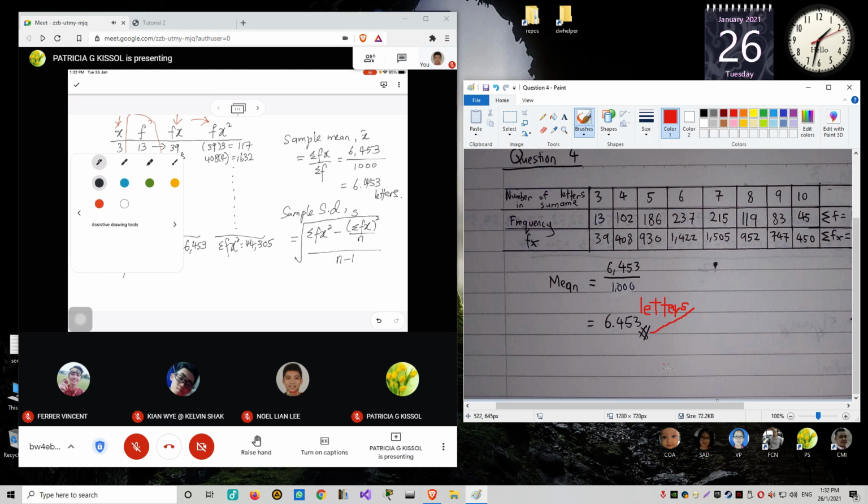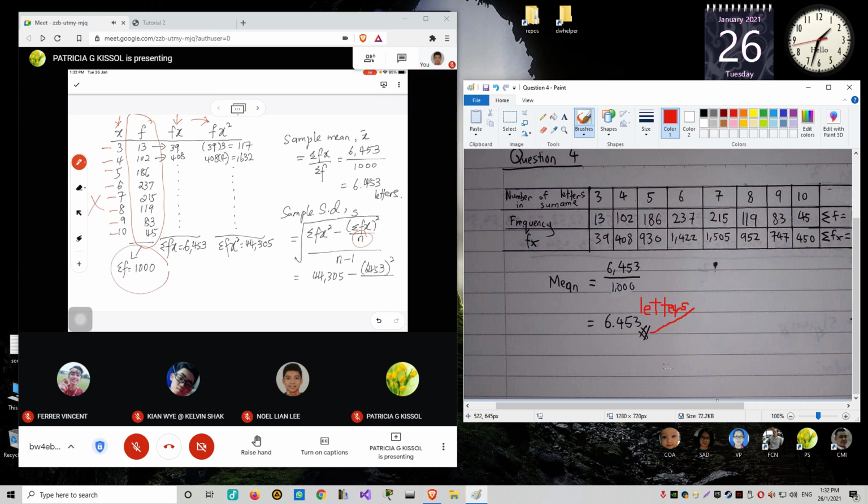So from here, you just have to put in the values that you have calculated, which is 44,305 minus summation fx, 6,453, which you have to square first. Now again, a lot of students get confused with the value of n. Which one do you use? Is it 1, 2, 3, 4, 5, 6, 7, 8? No, not this.